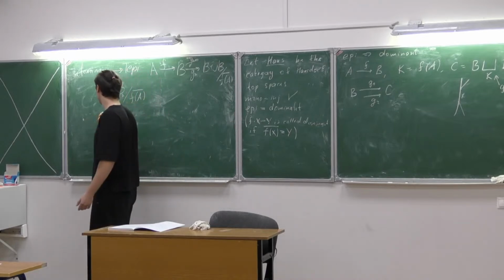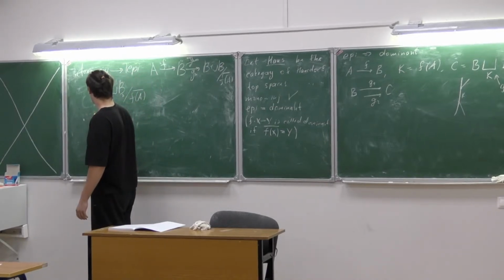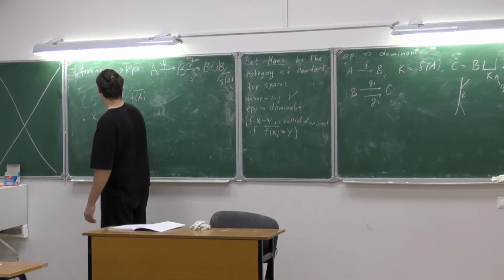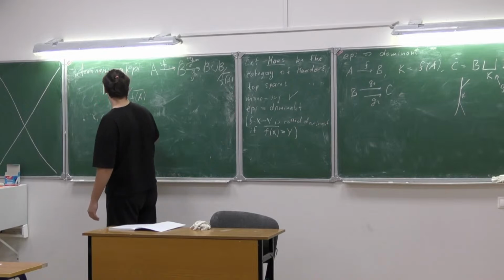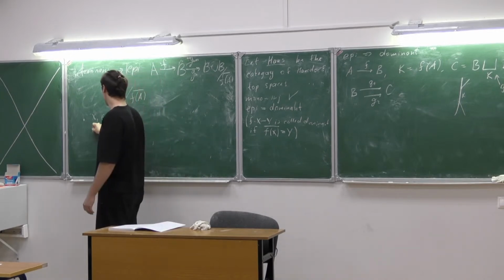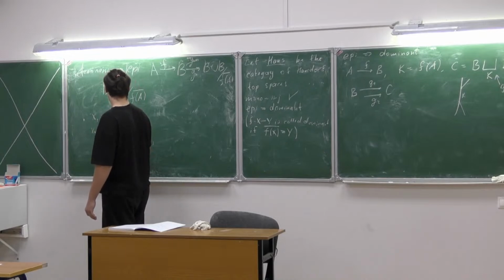First, the first point is in the image of B1 without f of A in this space, and the second one is in this image.